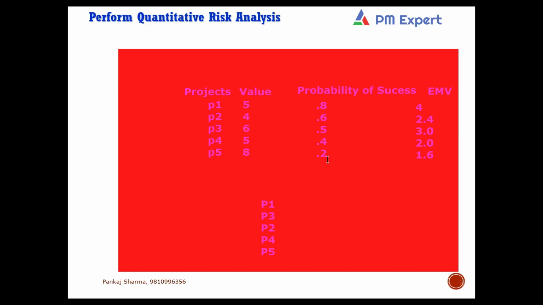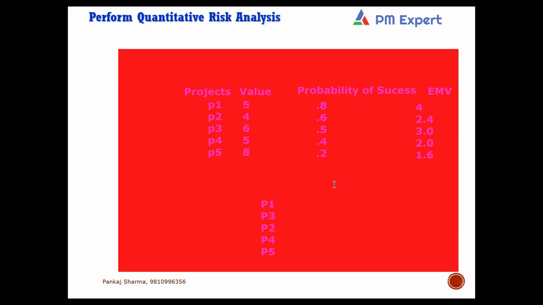So whenever you write your business case, always consider your profitability multiplied by the probability of success, calculate the expected value, and then calculate the priority. Is that okay?